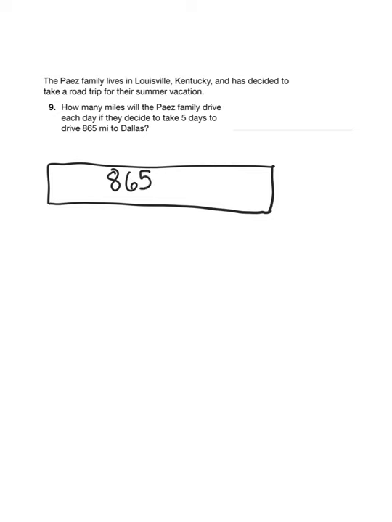So it's usually easy in these problems to figure out what your dividend is going to be. It's going to be your large number that you're splitting up or sharing. And it tells us that they're going to take 5 days to do the drive.